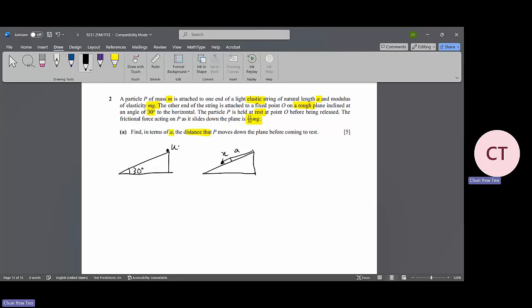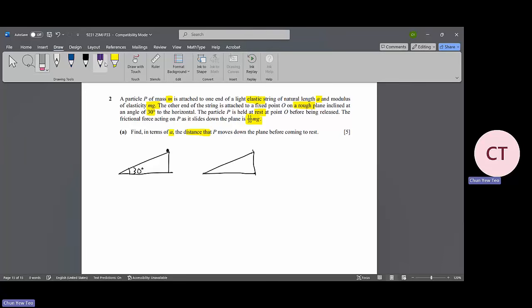So at the beginning, your u is 0. For the particle to come to rest again, that means the v over here will also be 0. So that means the kinetic energy at the beginning and the kinetic energy at the end are both 0. Okay, so this is what we need to know.